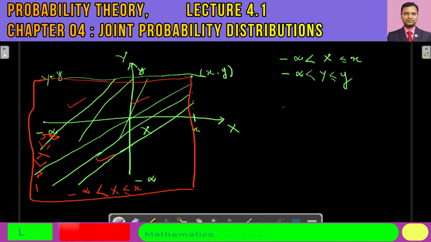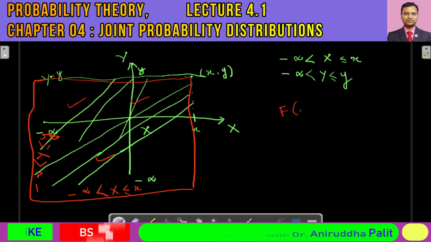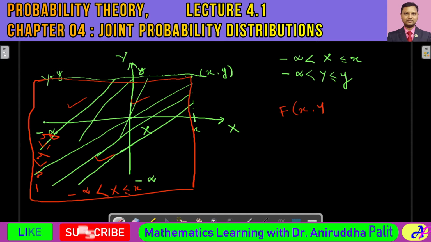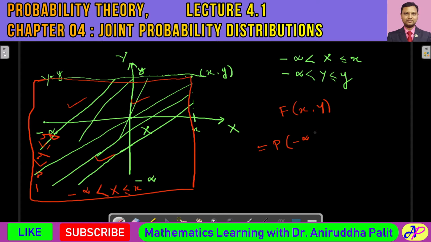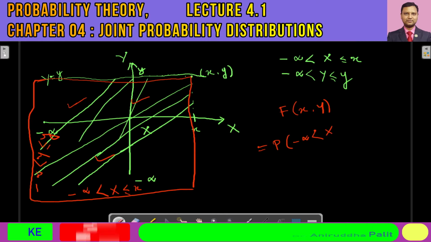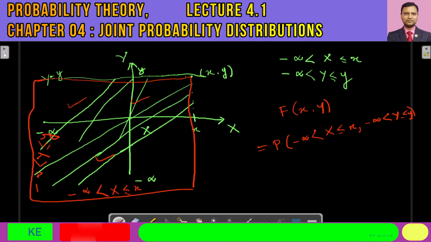And whenever we define capital F of x comma y, this is equal to the probability that minus infinity less than capital X less than or equal to x, comma minus infinity less than Y less than or equal to small y.